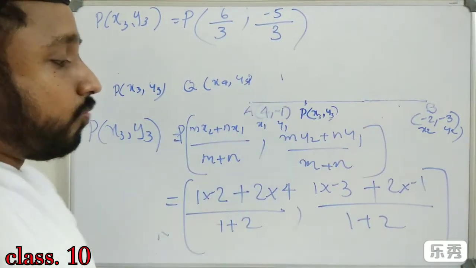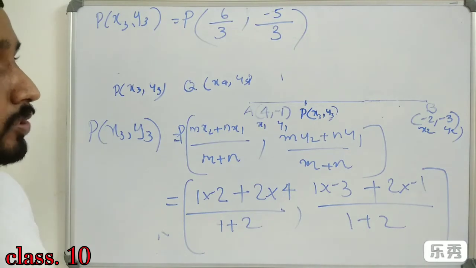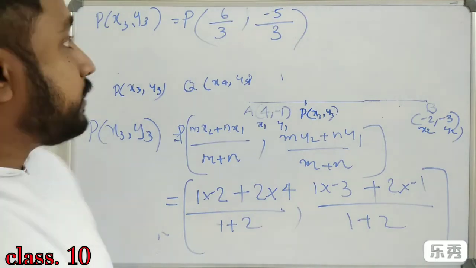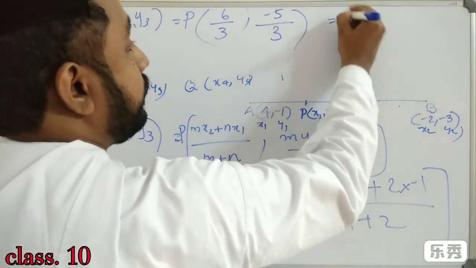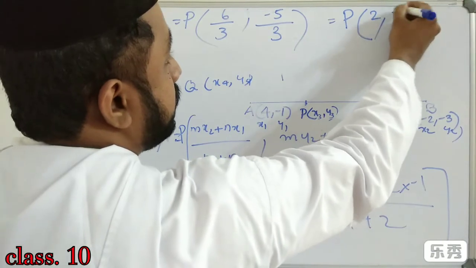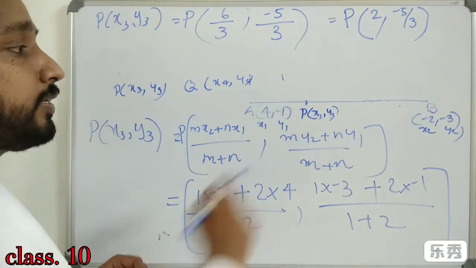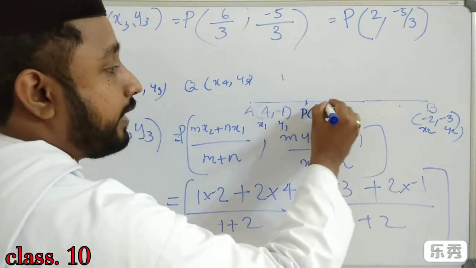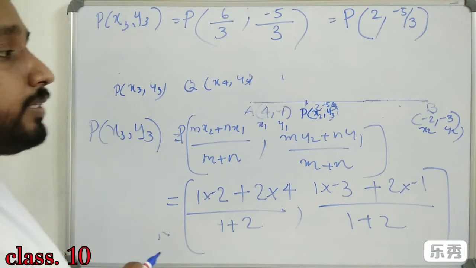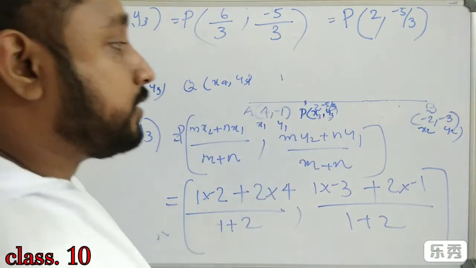So P is (6/3, -5/3), which is (2, -5/3). So x3, y3 is (2, -5/3). This is the point. So one point is (2, -5/3).